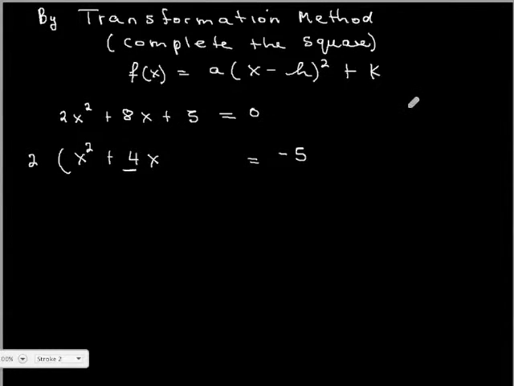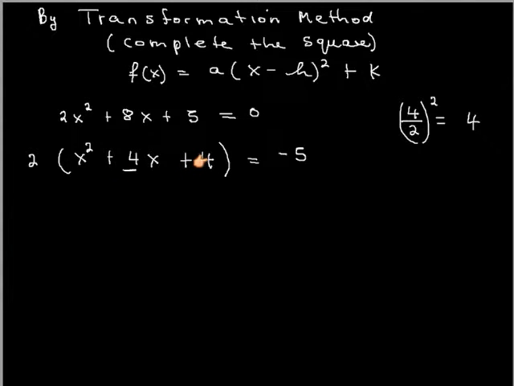Take the middle term, divide by 2, and square it, which is 2 squared, 4. And that's what you put over here, and close the parentheses. Now, whatever you decide to put here, you must multiply by what you factored out, which is 2, and that's the number you add on the other side.